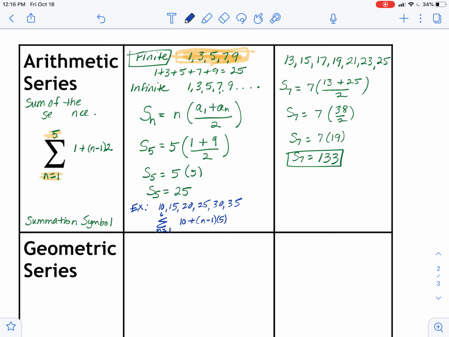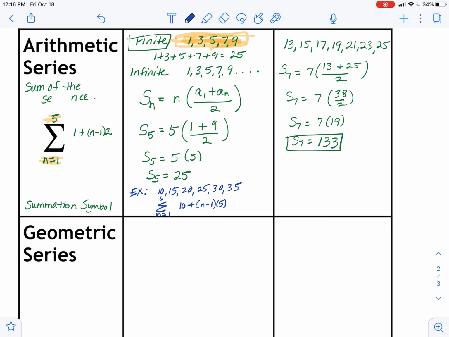Now again, you wouldn't be given both of these. I'm just showing you the sequence that I wrote the formula for. And so to do the summation over here, if I want S of 6, when I go and I want my A1 and my AN, I'm going to need to put, in this case, 1 in. Need room here. So I'm going to put in 1, and simplify that so that 1 minus 1 would be 0, times 5 is 0, so that would be 10.